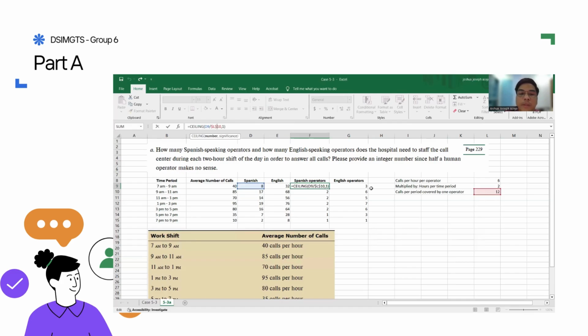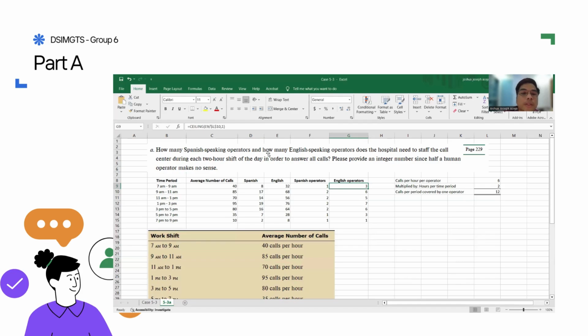So 8 over 12 is around 2/3. But the problem states that we need to provide an integer number. So we use the ceiling function and round it up to the higher integer. So that should be 1. And one Spanish-speaking operator can cover 12 calls, which is enough to cover 8 calls of Spanish-speaking customers.